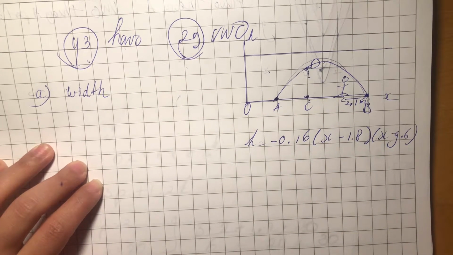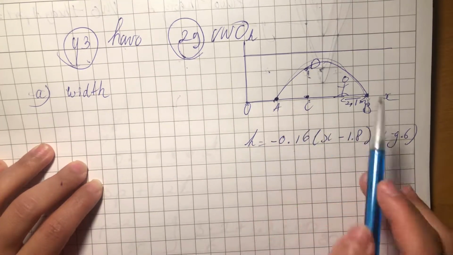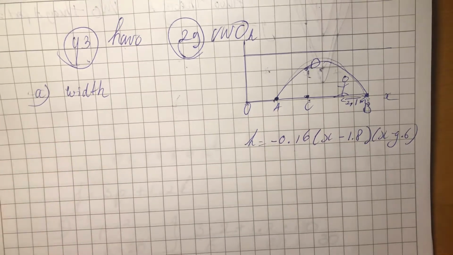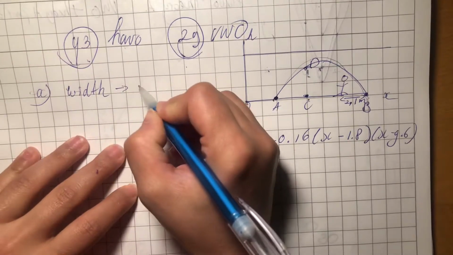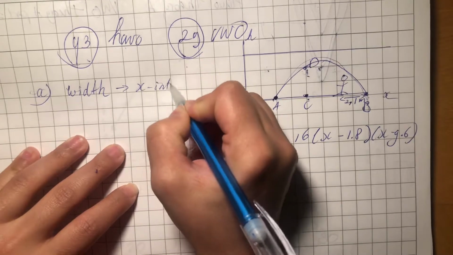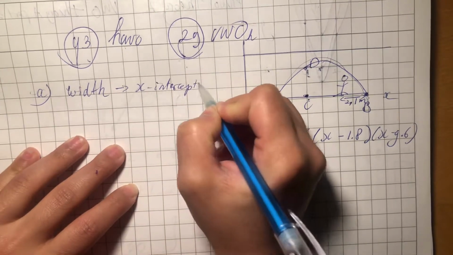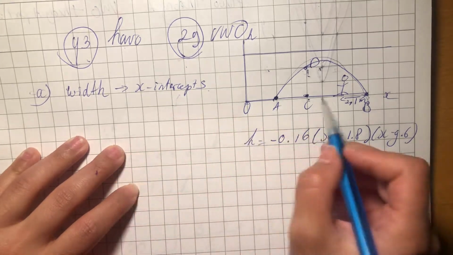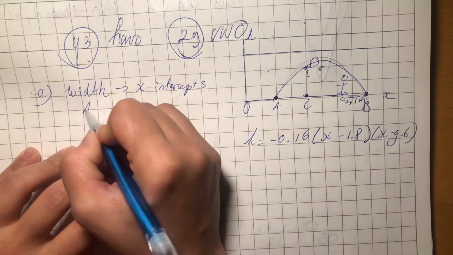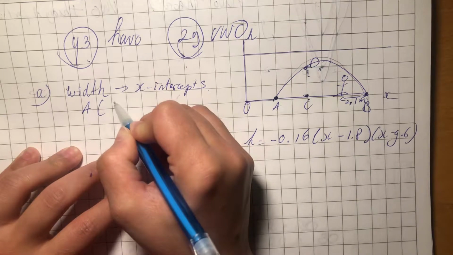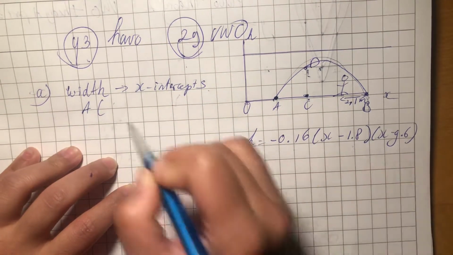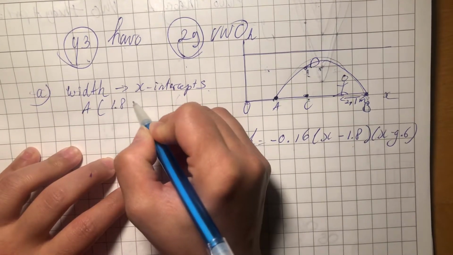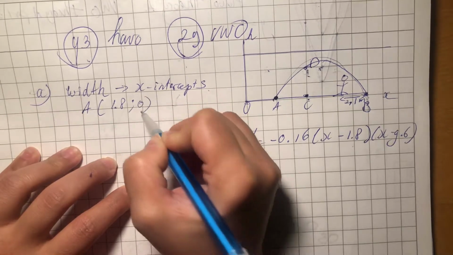Remember, finding A and B is actually finding the x-intercepts. So we get the x-intercepts, and then we find that point A, the x-coordinate must be 1.8, and the y-coordinate 0, of course.